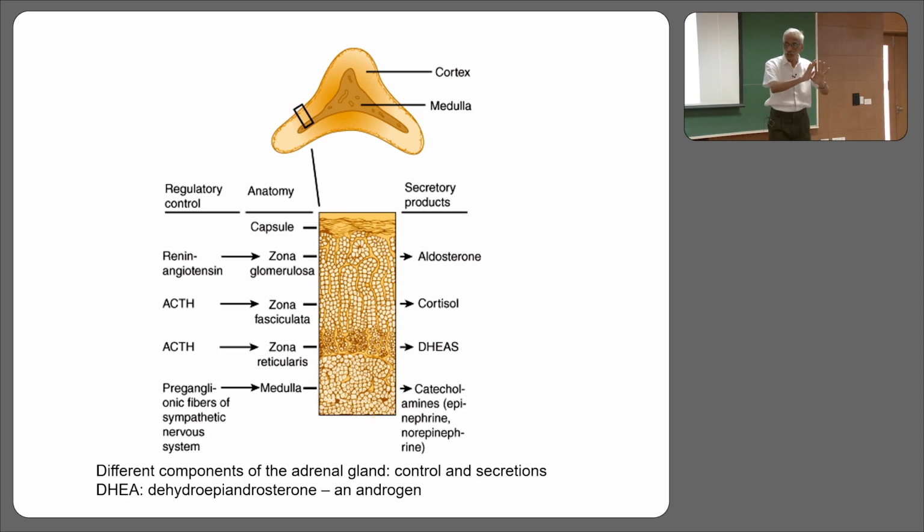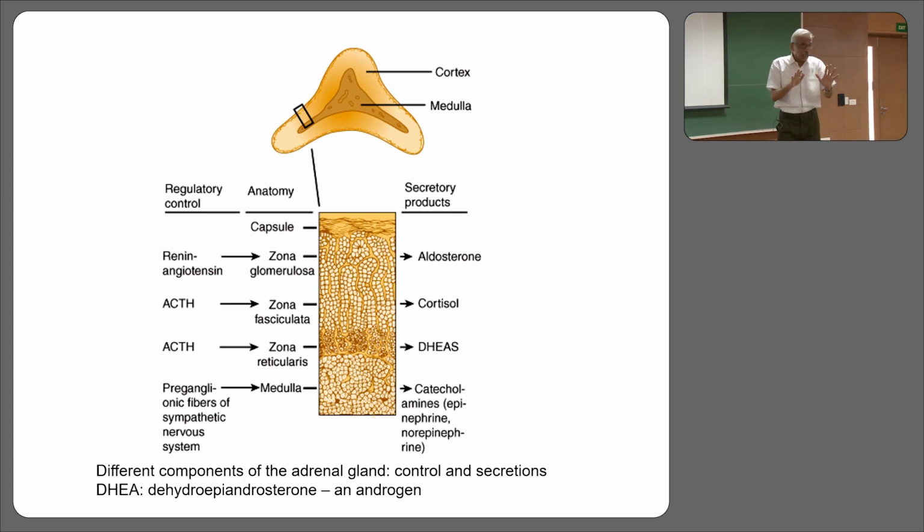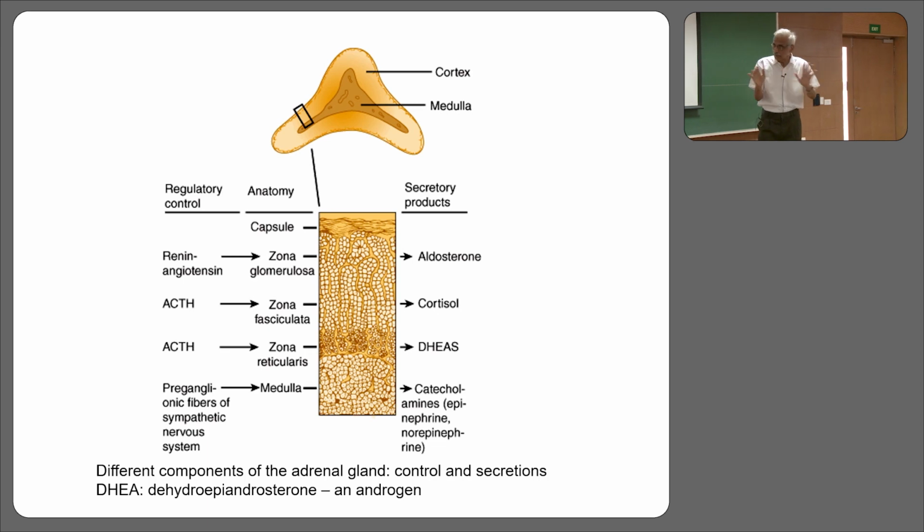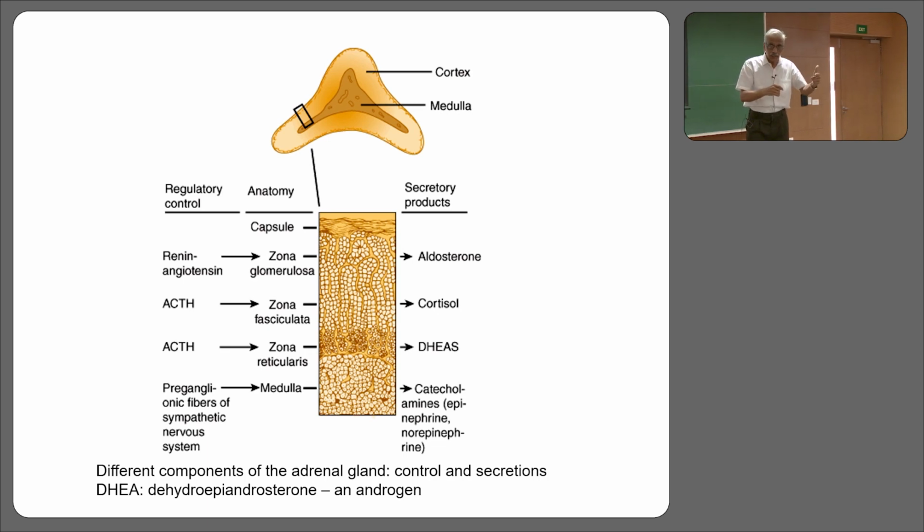The testosterone activity is minimal, but it is there. Under normal conditions it doesn't matter much, but in a female, if there is a tumor in those cells which secrete male steroid hormones, she could have an excess of androgens, which could have consequences.